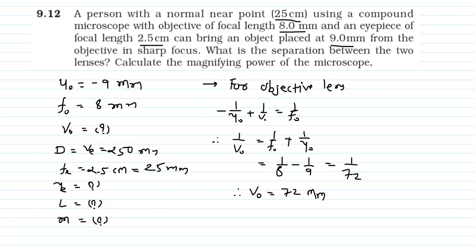Next, for the eyepiece, 1 upon FE is minus 1 upon UE plus 1 upon VE.